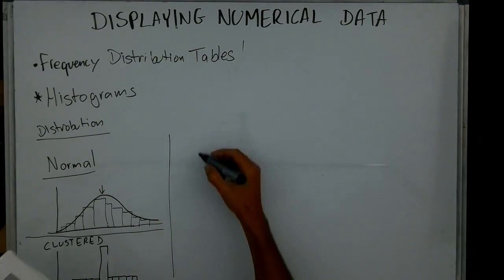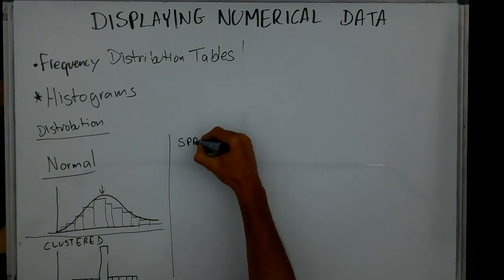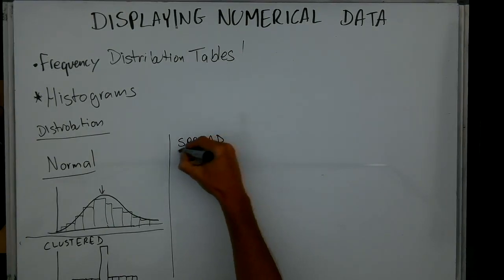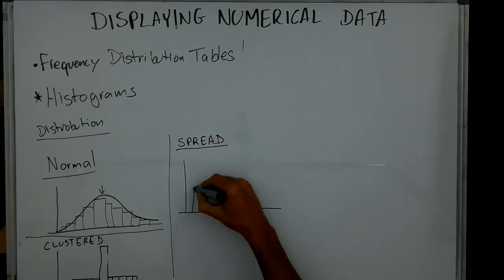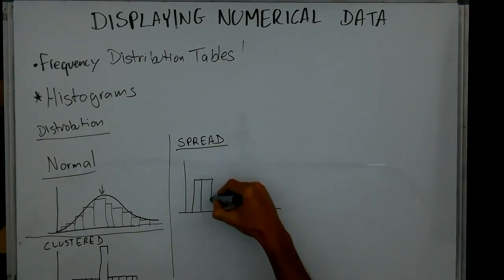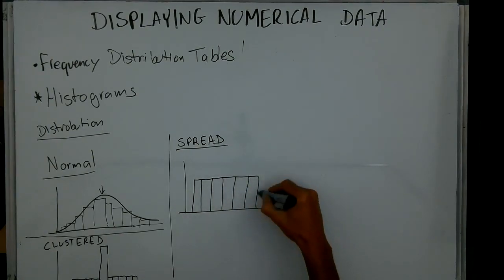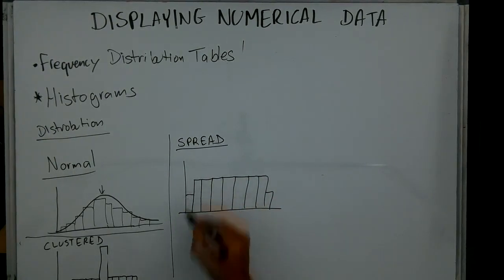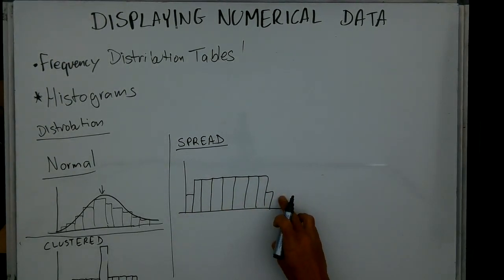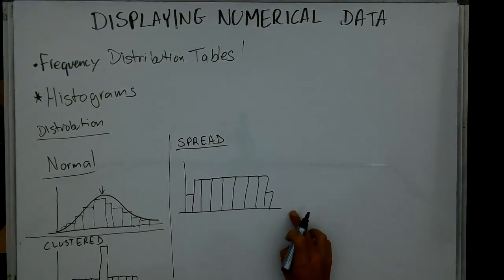Okay, next sort is called spread data. And this is where we have almost even amounts of data in each category. We might have smaller bits at the ends. And I would say the best example of this sort of data would be like if you rolled a dice 1,000 times.